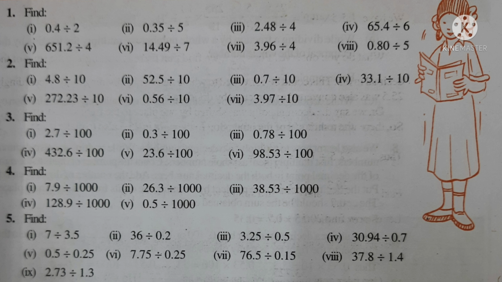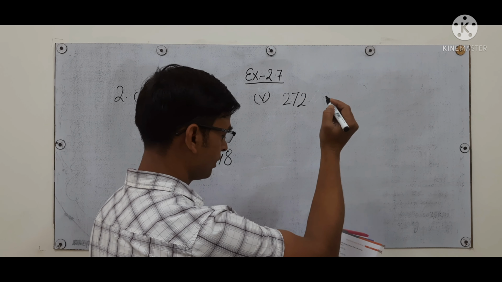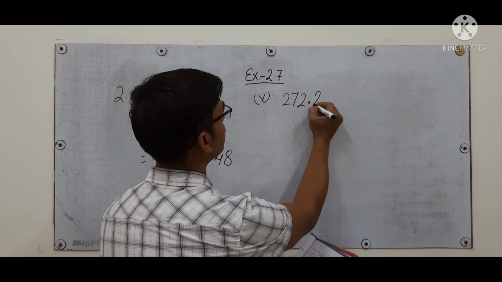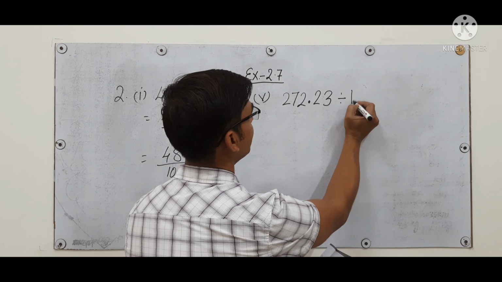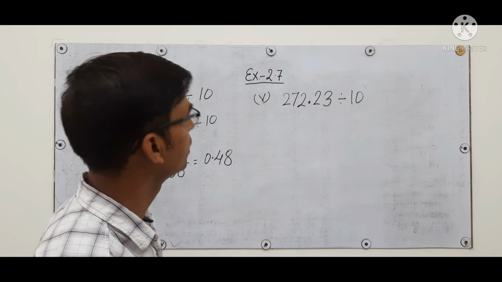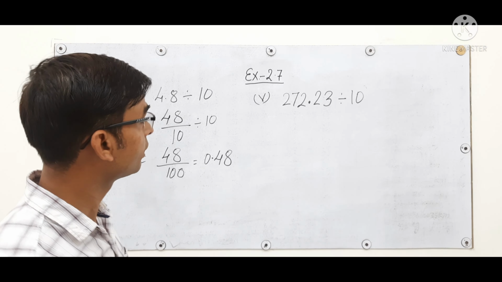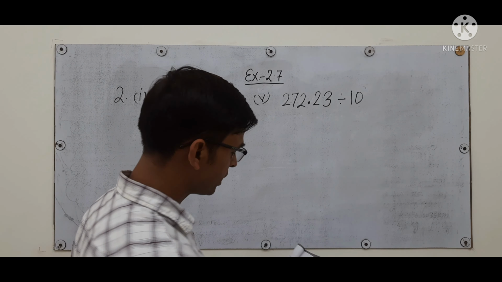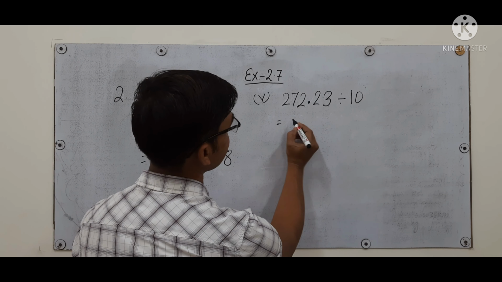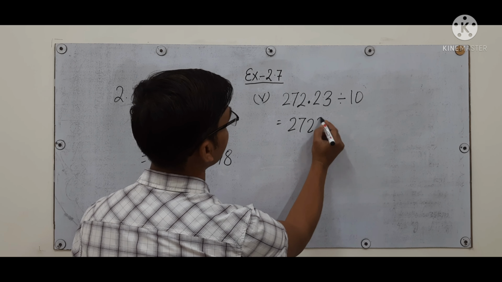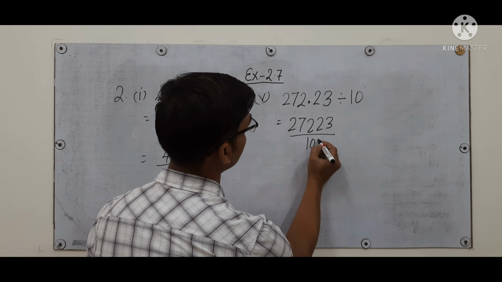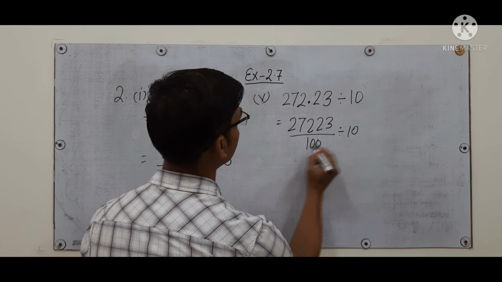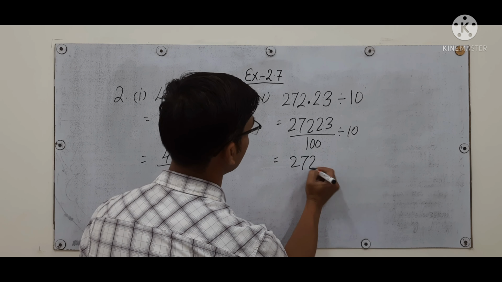Now we will solve its part 5. It is 272.23 divided by 10. This is a little bit big number, so first of all we will replace its decimal. It will be 27223 upon 100 divided by 10, and then we will easily solve it.